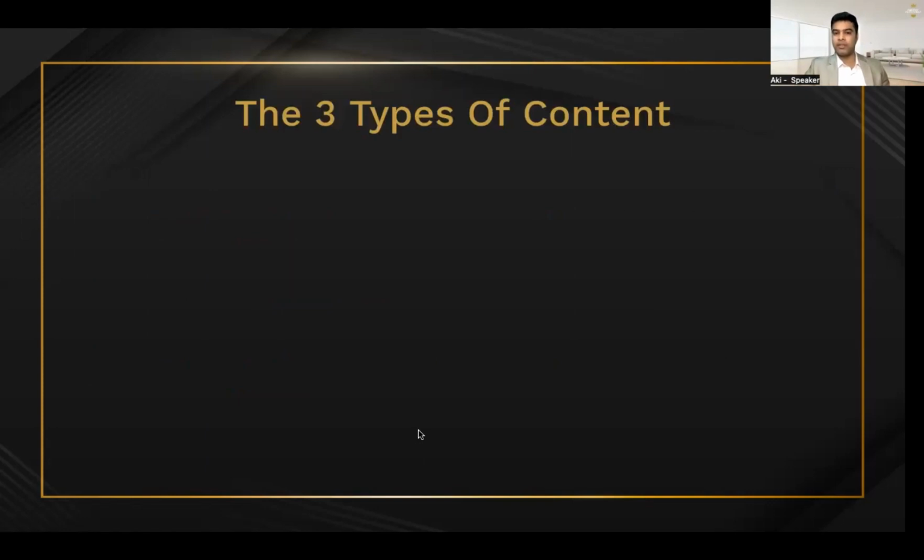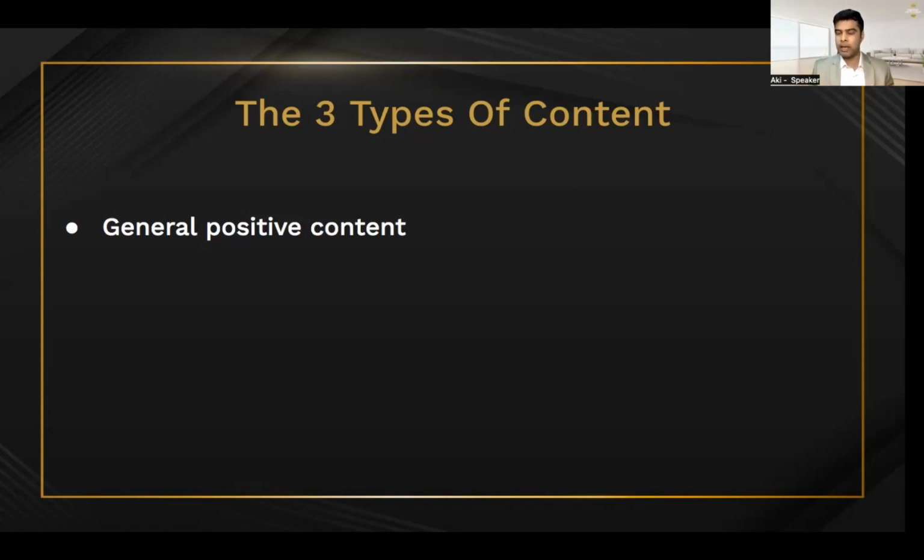All right, so there are three types of content mainly. Number one is called general positive content. General positive content is not really about your niche or your target market. It's a general thing, which has to be positive. What I mean by that is, by reading that post, people in your audience should be able to experience some kind of positive energy.